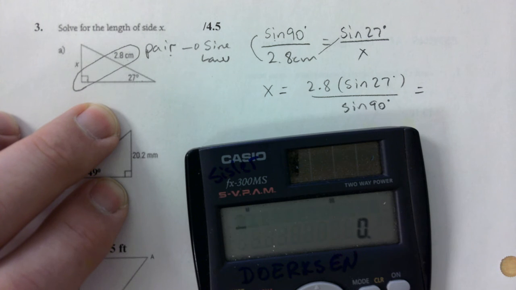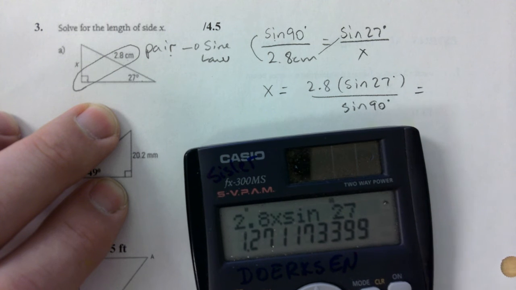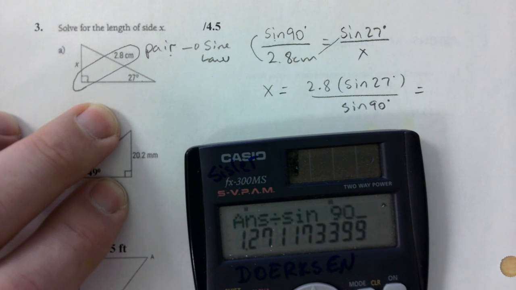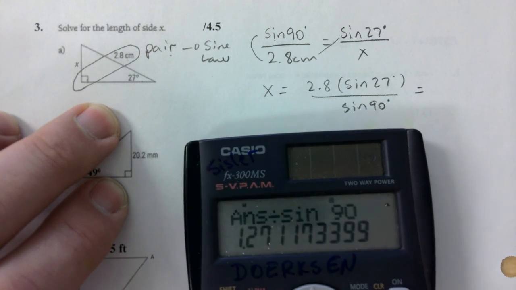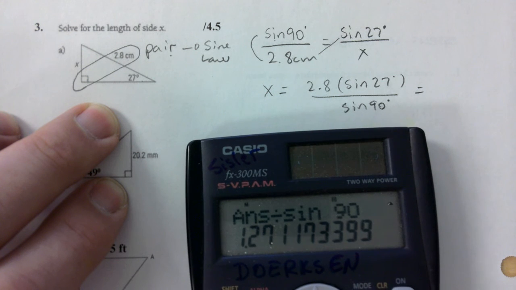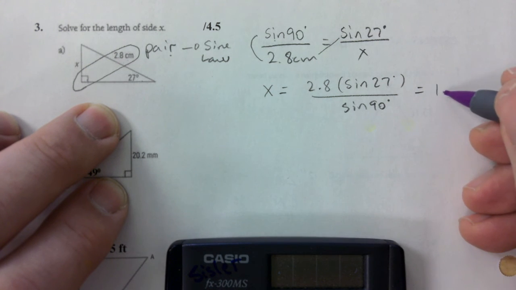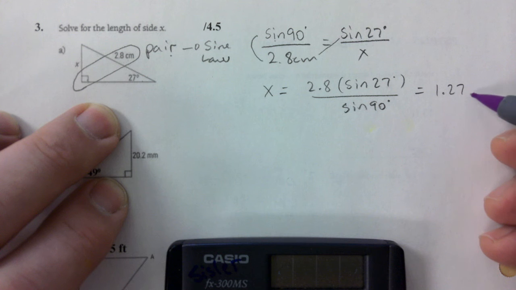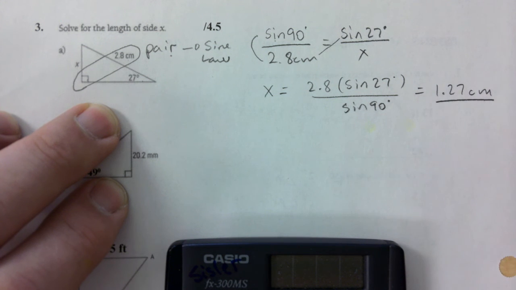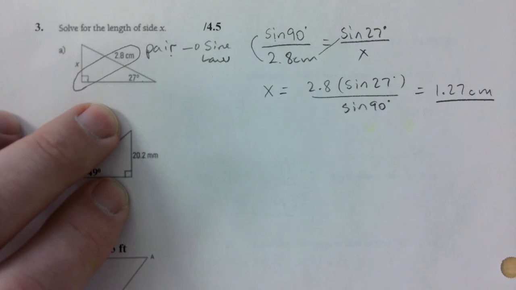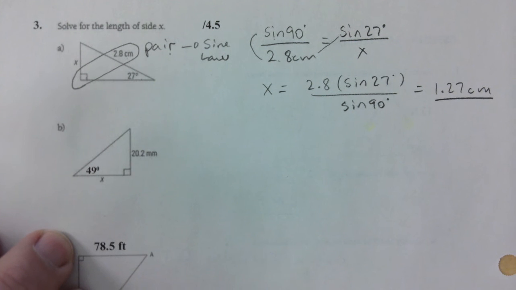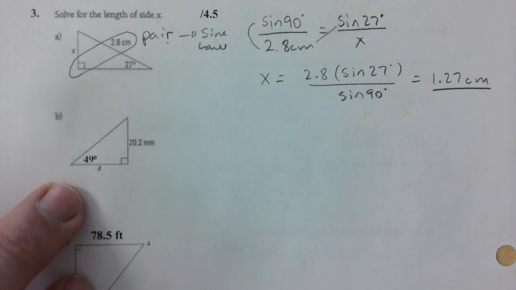So I'm going to go 2.8 times sine of 27 divided by sine of 90, just to show you nothing changes. It's divided by 1, so 1.27, and we are in centimeters. That's your answer there.